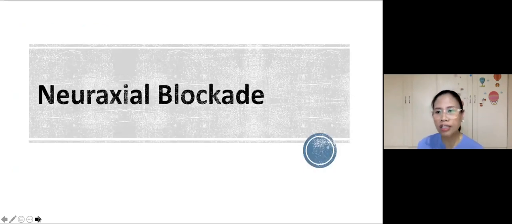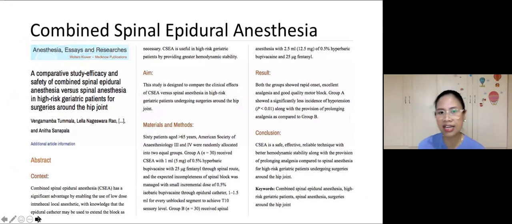Out of all the neuraxial techniques that we utilize, I think that the spinal would make the patient more prone to significant hypotension because of the sympathectomy that it causes. Okay, so this paper tried to combine a spinal and epidural technique.